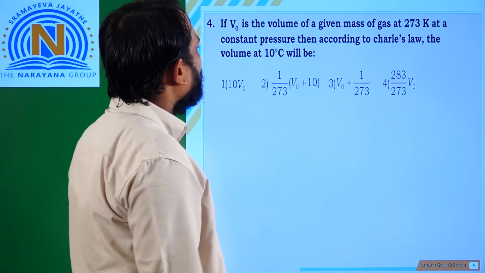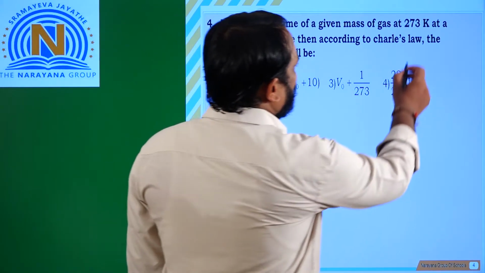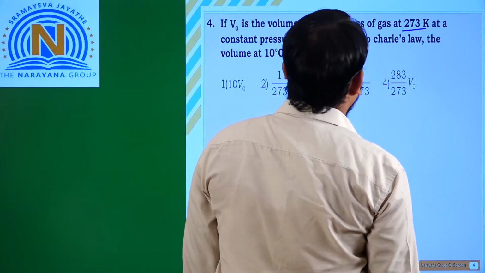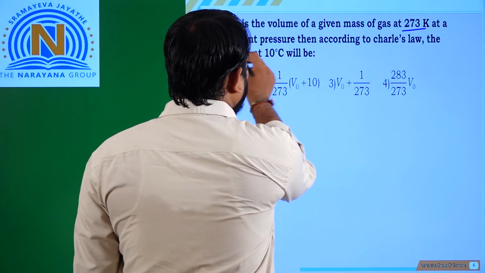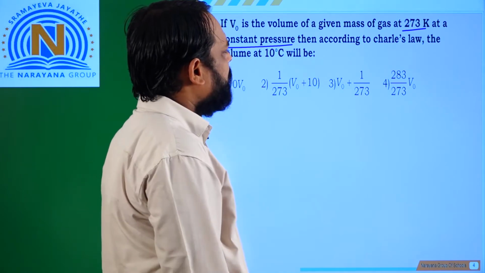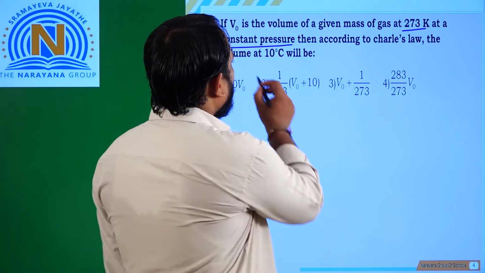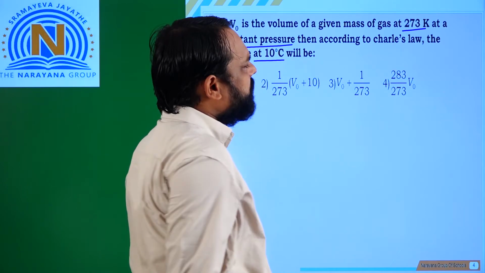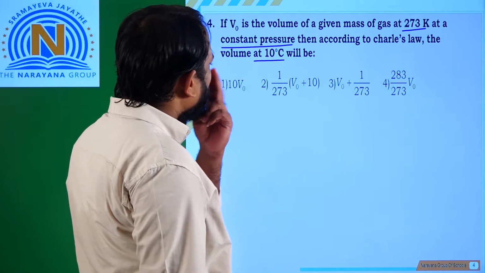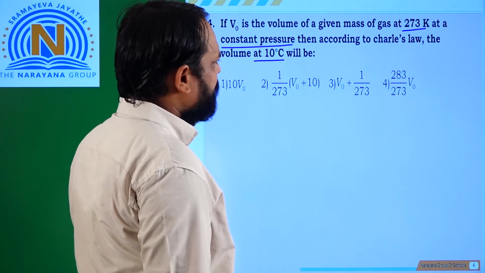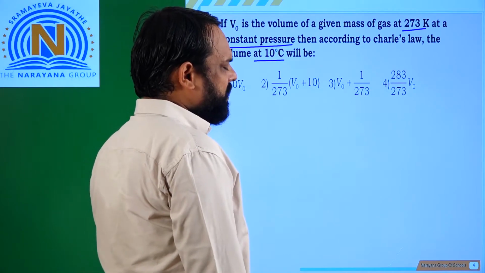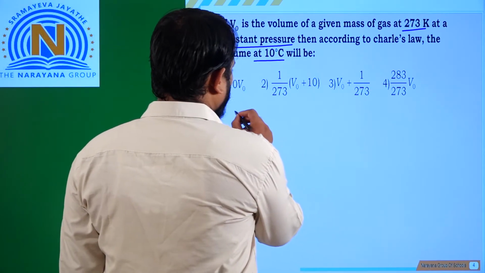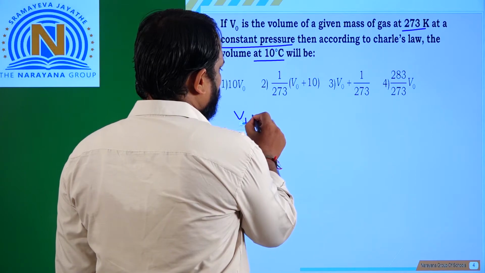So if V naught is the volume of the given mass at 273 Kelvin at constant pressure, according to Charles law, the volume at 10 degrees Celsius is, so now only we discussed the mathematical relation. What is the mathematical relation of Charles law?